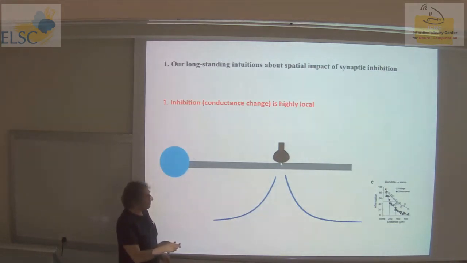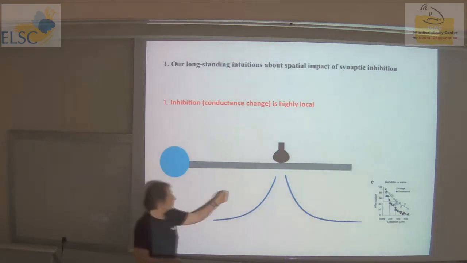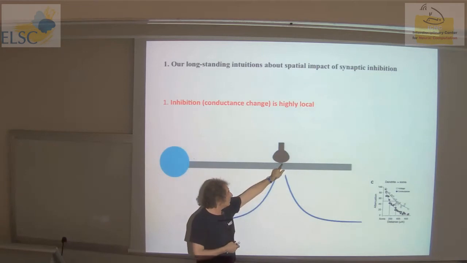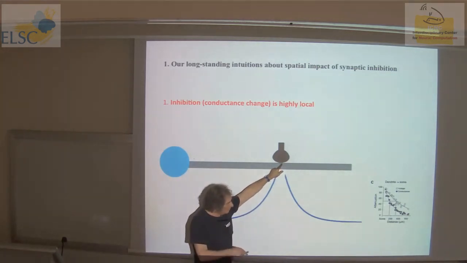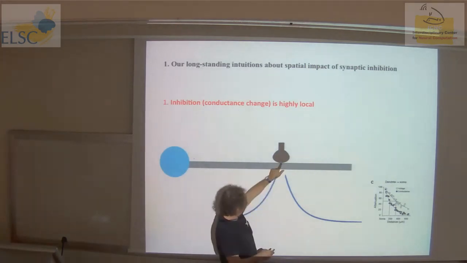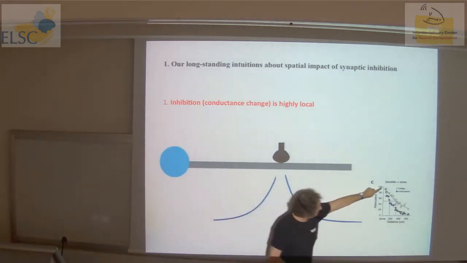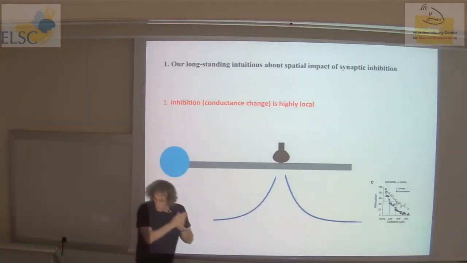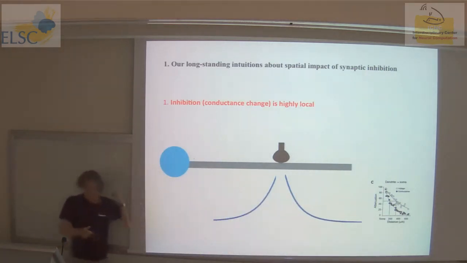You can dynamically clamp the axon here, use an electrode locally to mimic a conductance change, and measure the spread of the visibility of conductance change with distance from the perturbation point, and the visibility of voltage change from the voltage perturbation. You can see that the conductance tends to disappear very fast in terms of visibility.